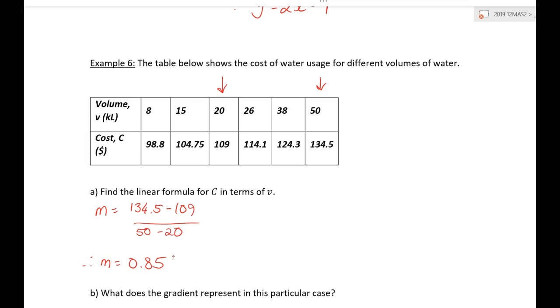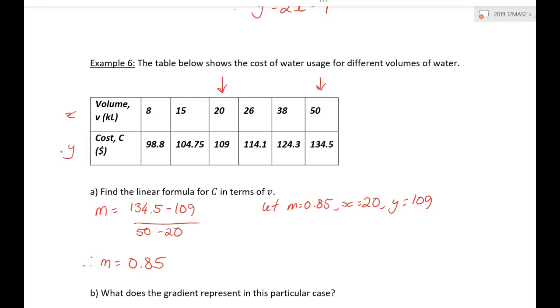Now I need to find the y-intercept. So I'm going to say let m equals 0.85, x equals, let's go with this one, the whole numbers, x equals 20, and y equals 109. Now, of course, we don't have x's and y's, but I'm just going to work with those for the time being, okay?